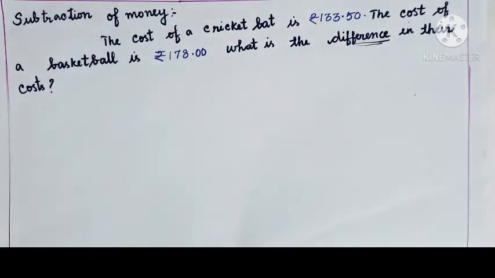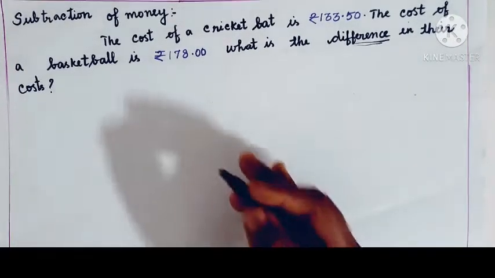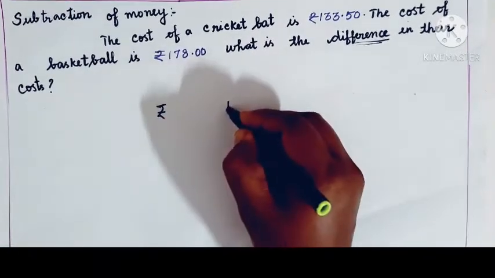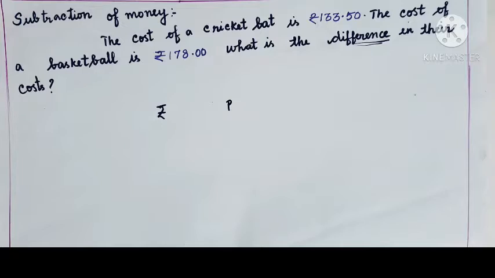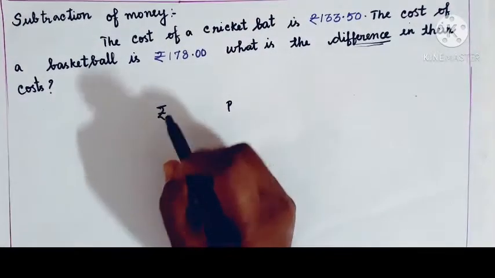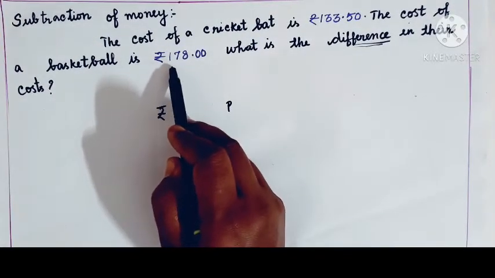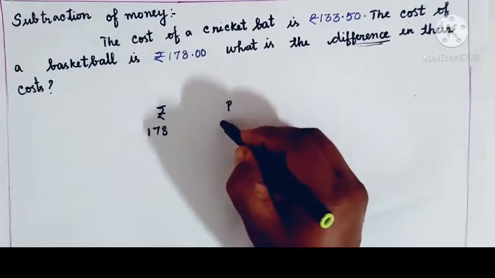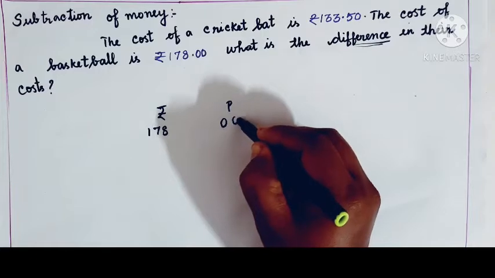So we have to do the same pattern. First you write the rupees this side and pies this side. Okay, then you write the bigger amount. It is 178, right? So 178, and there are no pies.